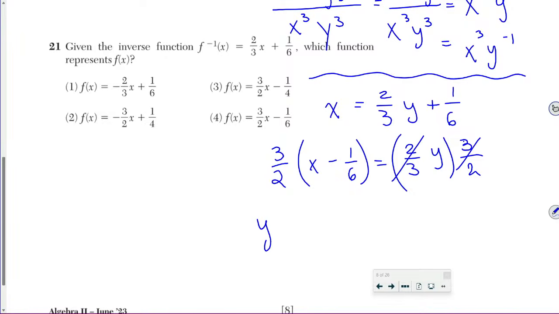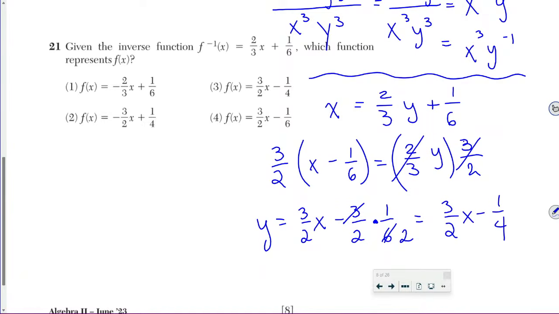So I'm going to get y is equal to 3/2 times x minus 3/2 times 1/6.